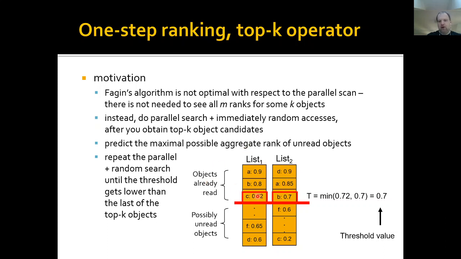And once the best ranked score among what was already seen is better than the threshold, the possible theoretical value that could be seen below this line, then we are done, because there cannot be anything better below this line than what we have already seen, and the algorithm stops. So this is the idea of the threshold algorithm.